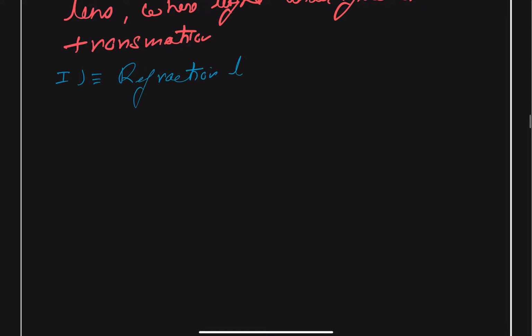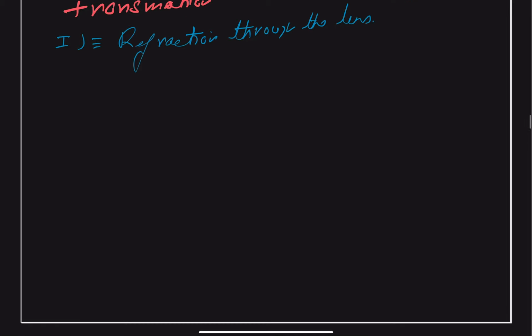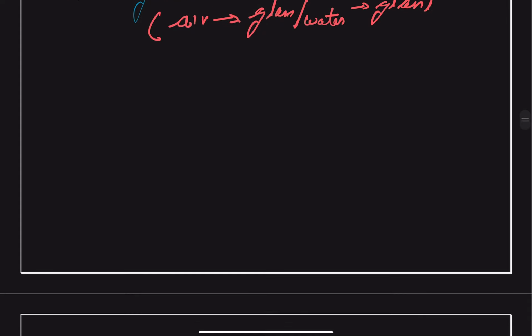Which basically means that the light ray will be coming from the air. It is going to pass either through the glass in the first case or water in the second case, and then it will be again glass. So this will be a refraction.